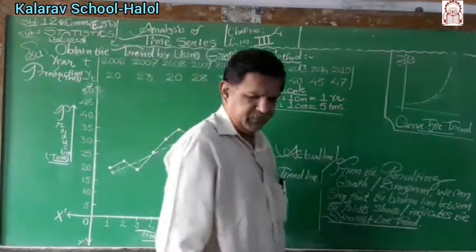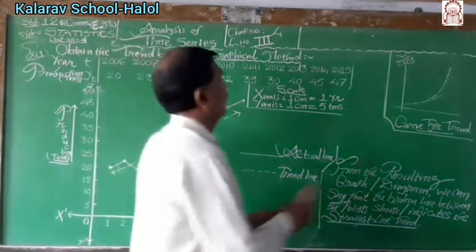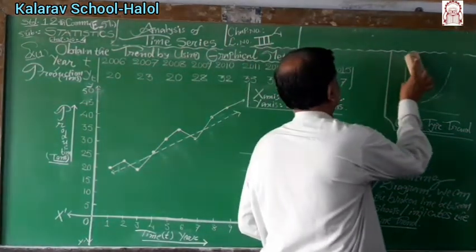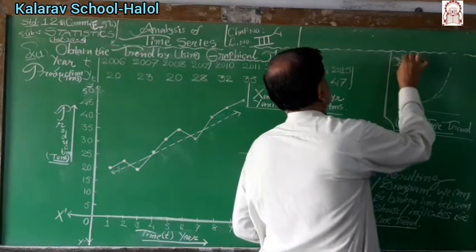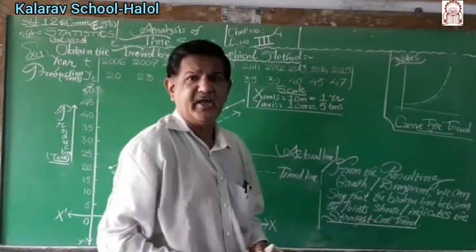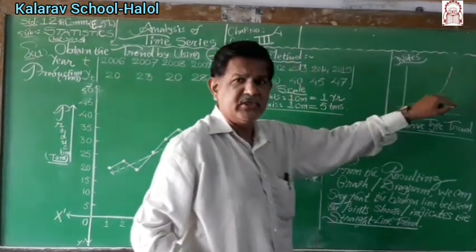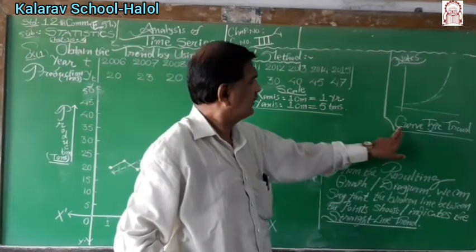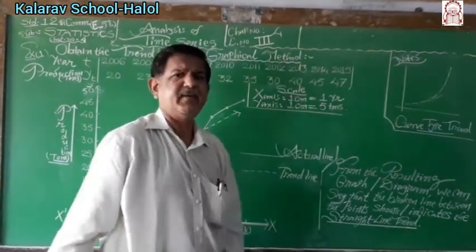Important notes. If the broken line or trend line shows this type of curvature, this curve line, it is known as curve type trend. So two types of trend can be obtained.